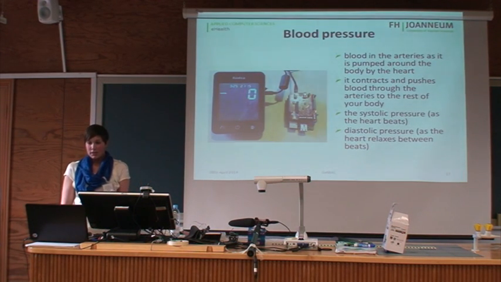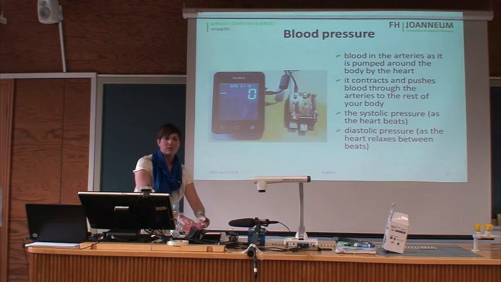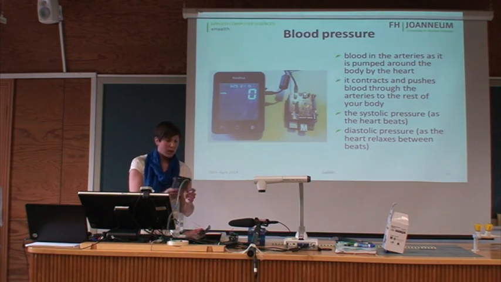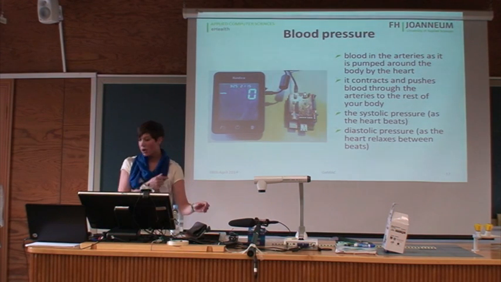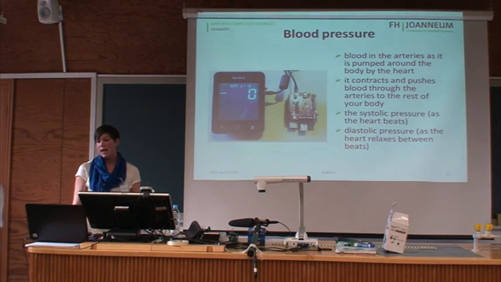And the last one is the blood pressure. I didn't show it. It's not really important, but the blood pressure cuff is like this one, and you have to measure it on your upper arm. We have the systolic and the diastolic pressure. The systolic is, as the heart beats, and the diastolic is when it relaxes.